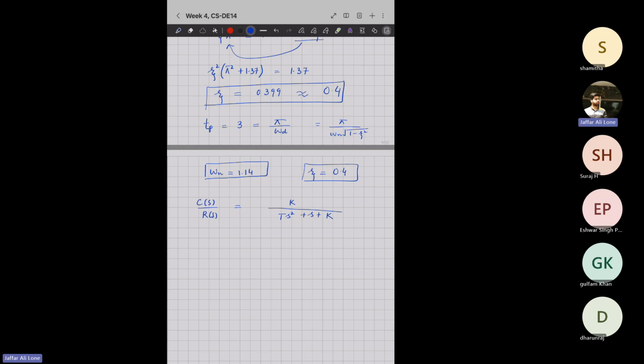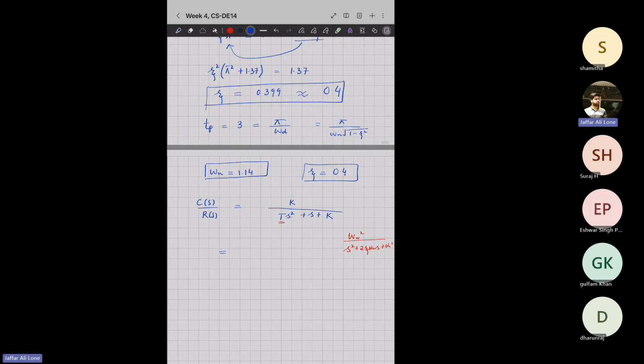Can we compare it with this? We cannot compare because here this T is in multiplication. So we have to simplify it a bit, right? So we can write it like this.